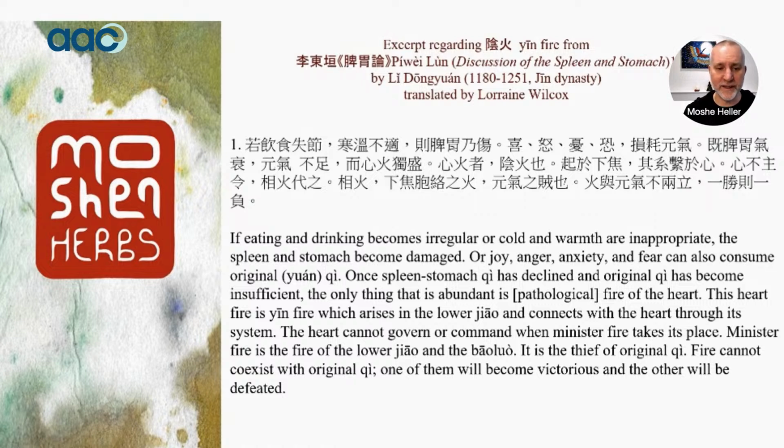Then he goes on saying, or joy, anger, anxiety, and fear can also consume original qi, which he names as yuan qi. And here Lorraine also points out that we have to be careful not to confuse what he calls yuan qi with what we call kidney yuan, or yuan source.